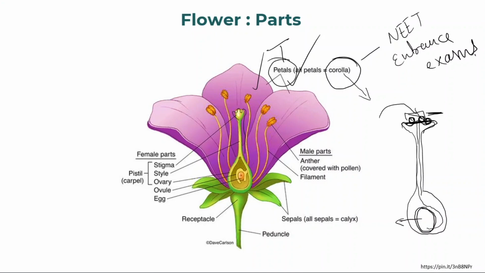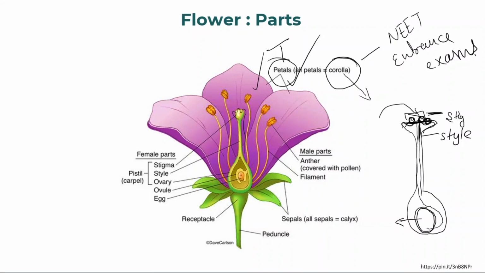The ovary is the main location where the whole fertilization is going to happen. So this female part is combined: this is the stigma, this is the style, and the style will help the pollen grains reach here. Exactly, not the pollen grains, the male gametes.